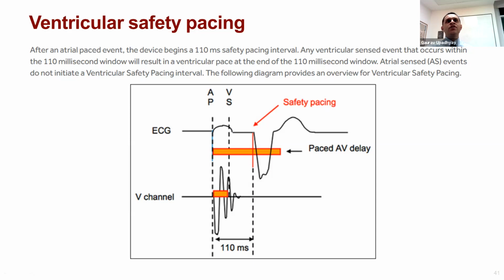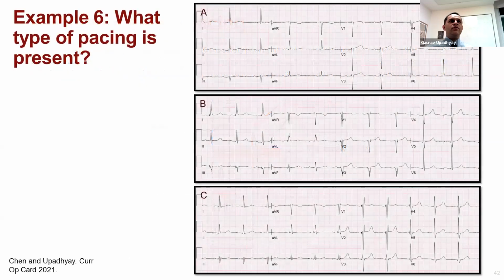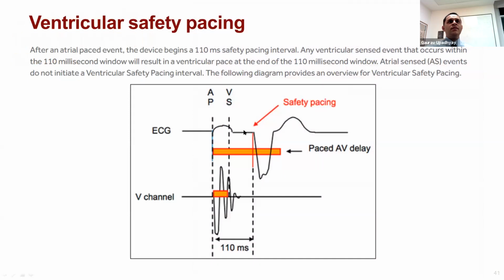And it's a very short interval difference between the V-paced safety pacing and that sensed event. In this example, the schematic, there's no true V-sensed event that's occurring here. But what might occur is a PVC, a true intrinsic beat, or nothing at all would induce safety pacing.